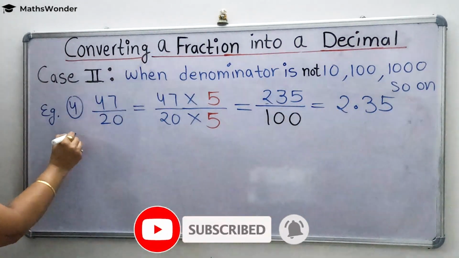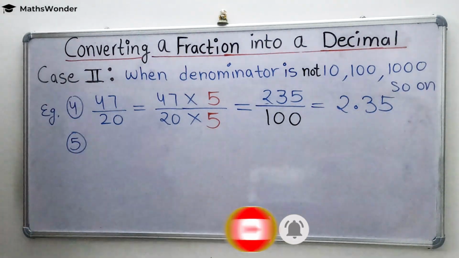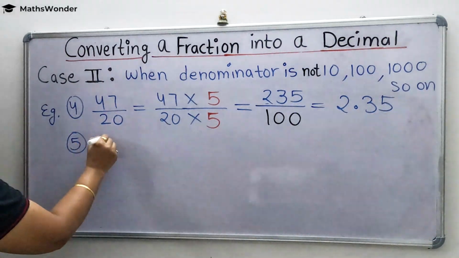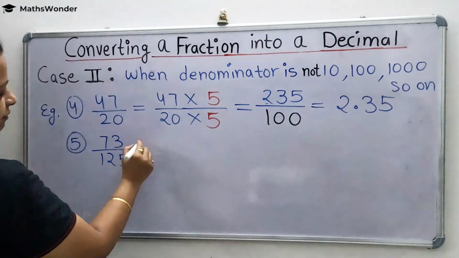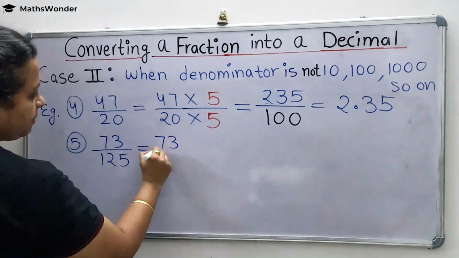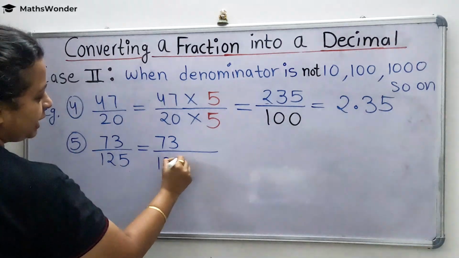Fifth example, when we have 125 in the denominator, suppose 73 over 125. Now 125, which number will we multiply in numerator and denominator?